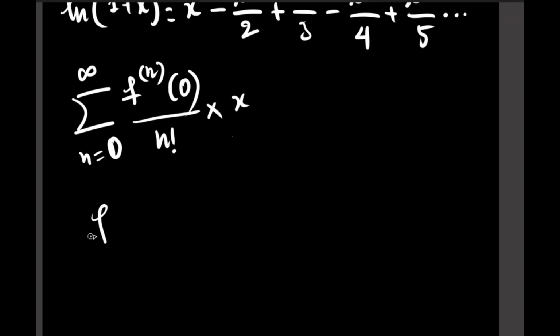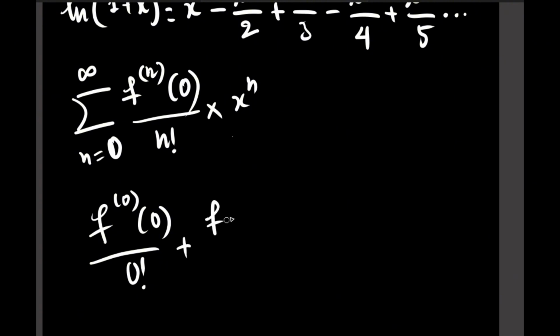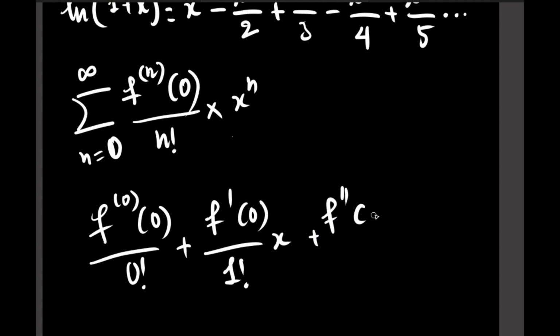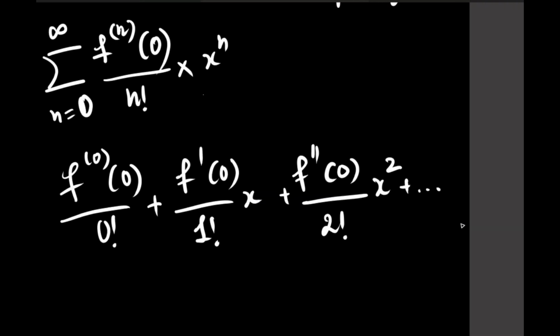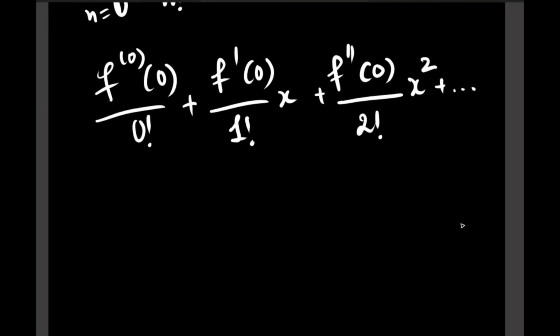So basically it's going to look something like f prime of 0 over the factorial of 1, and we're going to multiply that with x, and then so on. This is what the Maclaurin series is like for all functions.